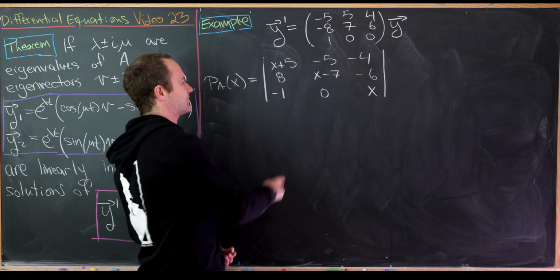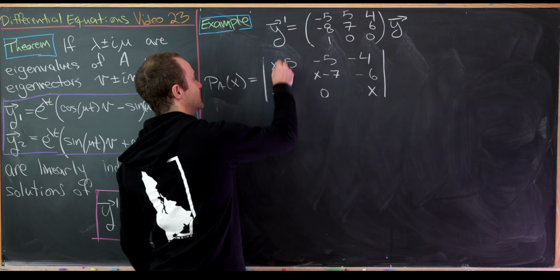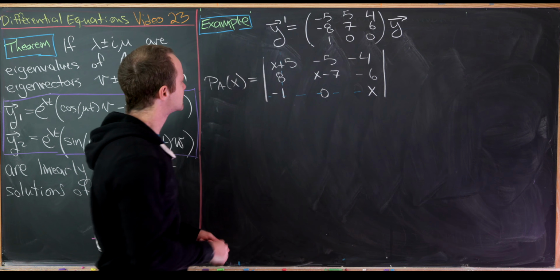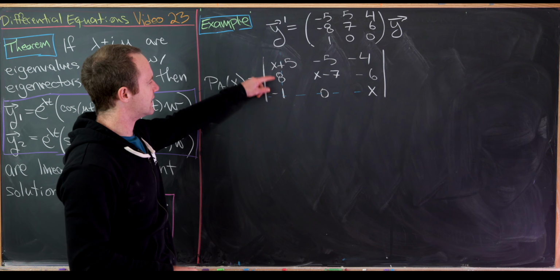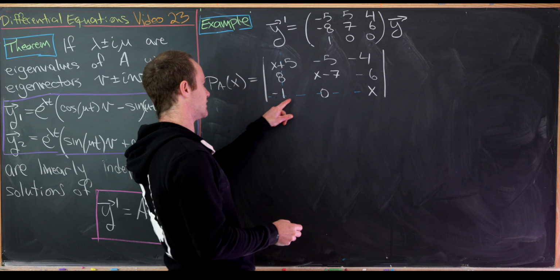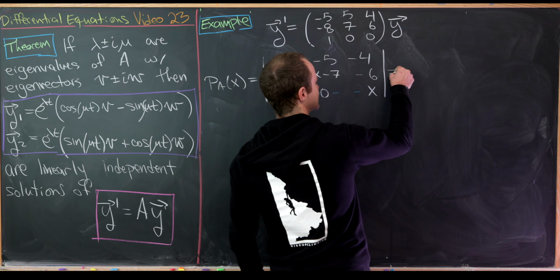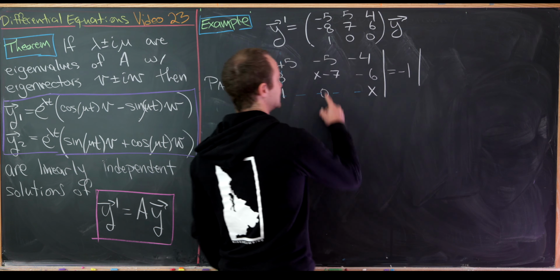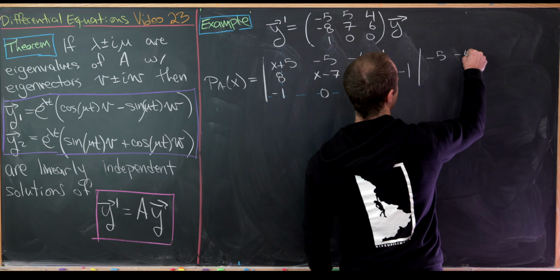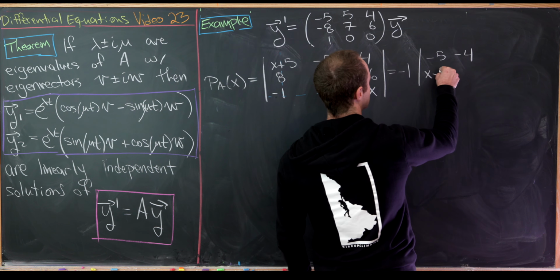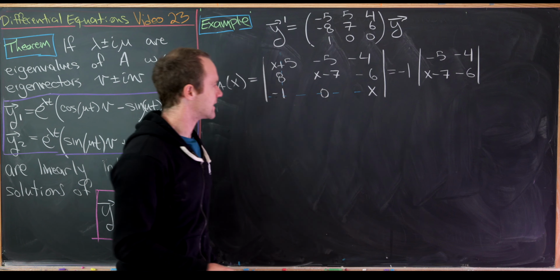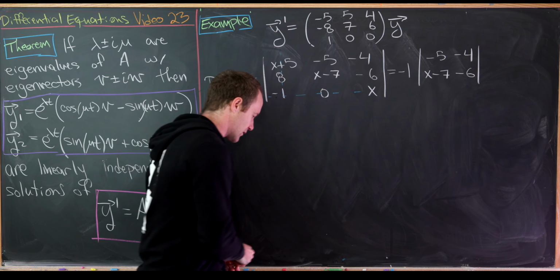So let's first go across this first column and this third row. Let's notice that that's attached to a plus sign using the cofactor expansion formula. So we'll have the crosshairs here, which is a -1, times the determinant of the submatrix, which is -5 minus 4, x minus 7, and -6. Then let's see what's going on for this other bit.